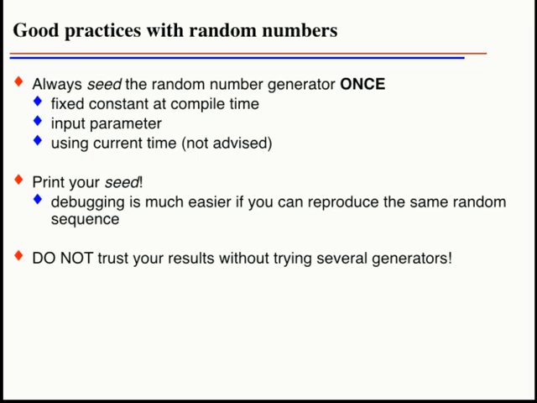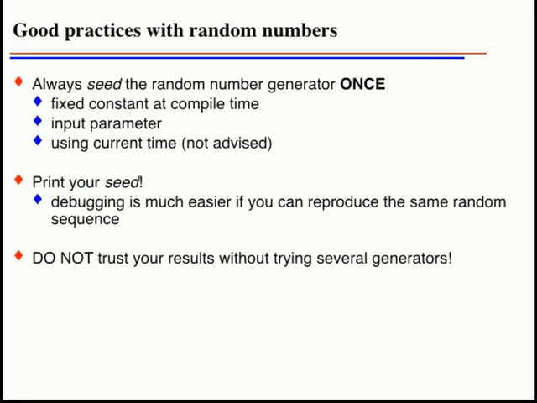So how do you usually seed it? Well, it could be a fixed constant. That's also fine. Usually we have an input parameter: our simulation just reads in the seed, and we use it in the code. It's also very good practice to print out your seed, so that if you run your simulation, you know exactly what the initial seed was.